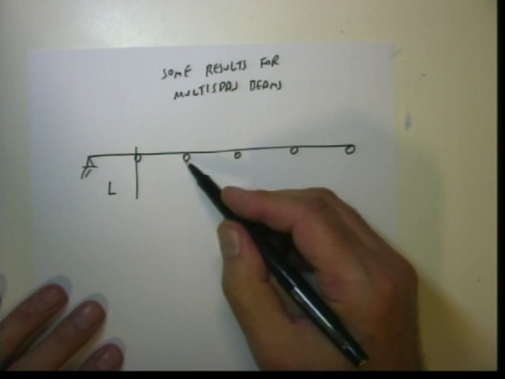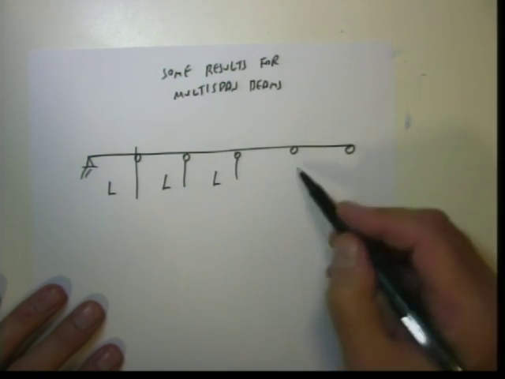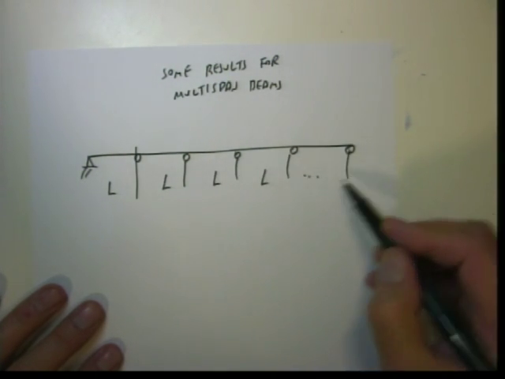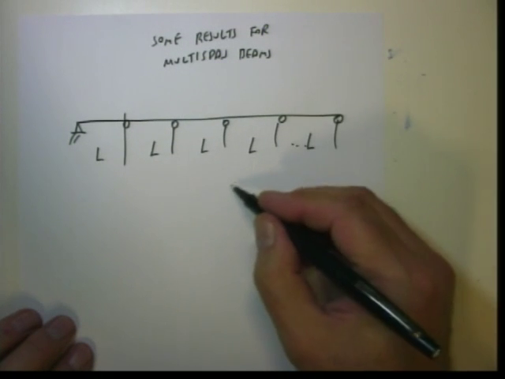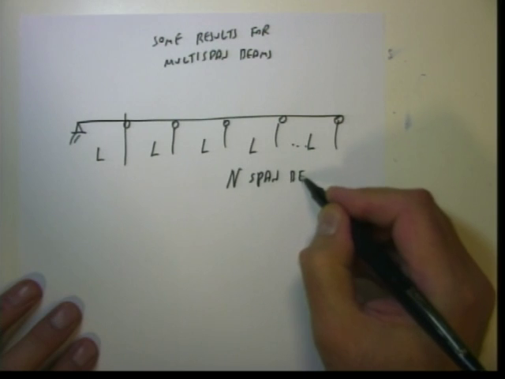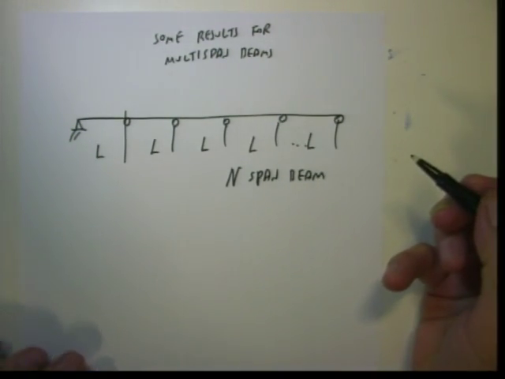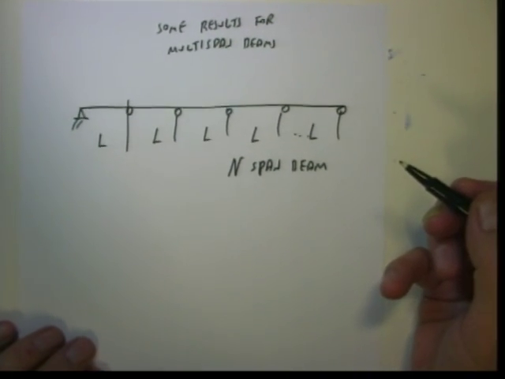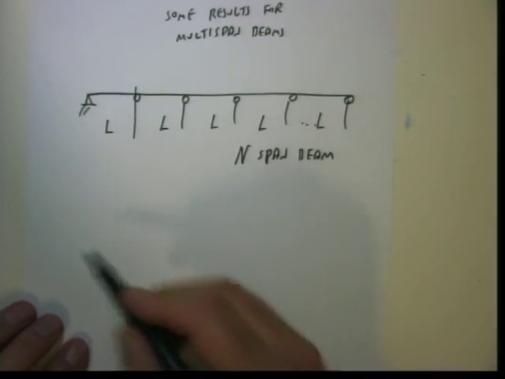So that is L, L, L, L, etc., and this is L also. So we have, say, an N-span beam.